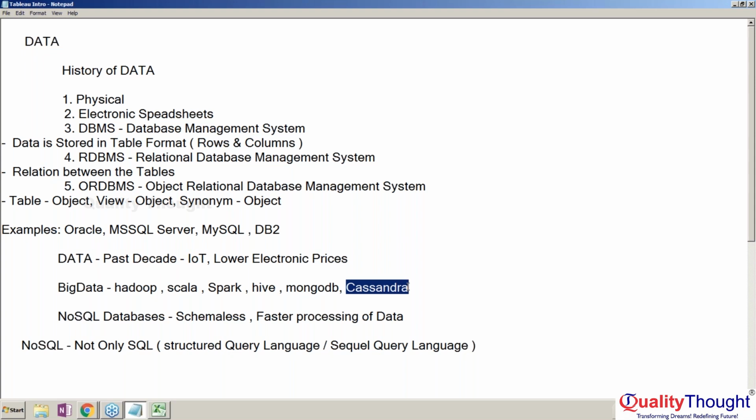The Apache Foundation captured this Cassandra and renamed it Apache Cassandra. So Cassandra is the database which was developed by Facebook, and these are all NoSQL databases generally. So now we understand the importance of the data, right or wrong?